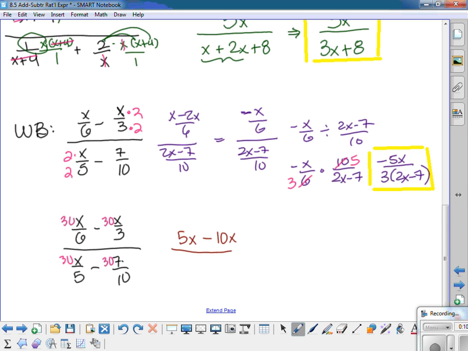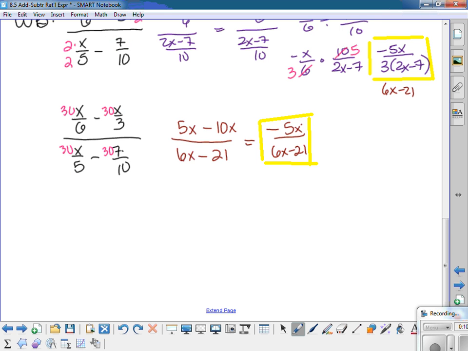On the bottom, 5 goes into 30, I have 6x minus, and then the 10 goes into 30 3 times, so 3 times 7 is 21. And that leaves me with negative 5x over 6x minus 21, which is what that is, right? So did I get the same answer? I did. So either method will work, okay?